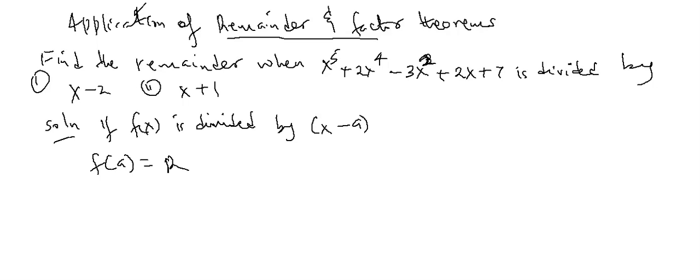So in this case, for the first one, x minus 2, our a is actually 2.